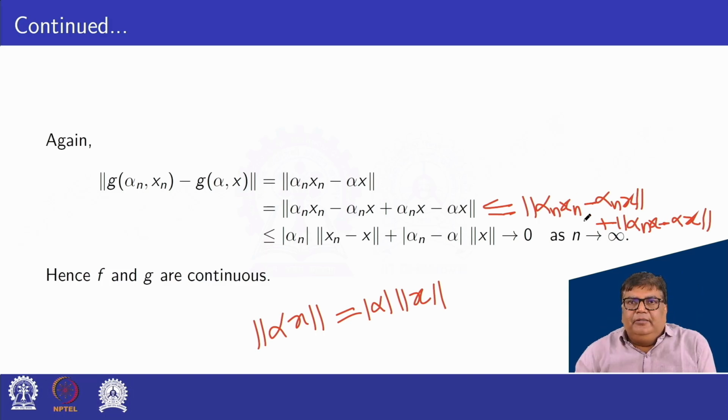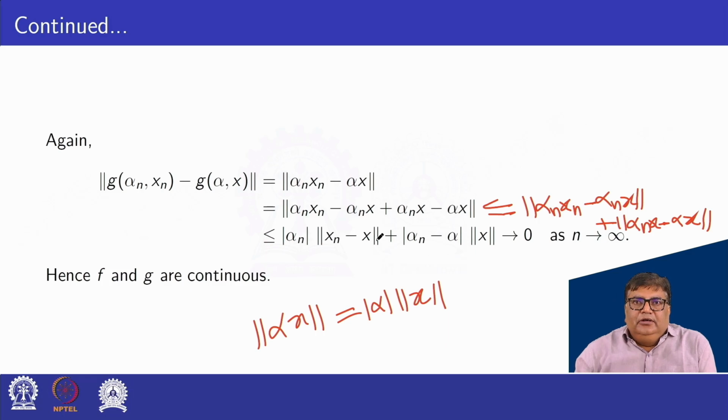Applying the third property of norm, that is norm of alpha x equals mod alpha times norm x, and since alpha n is common in the first term and x is common in the second, we can write mod alpha n norm xn minus x plus mod alpha n minus alpha norm x.